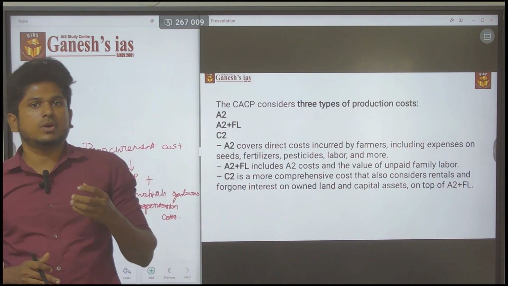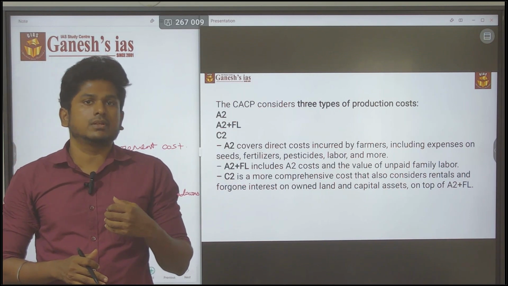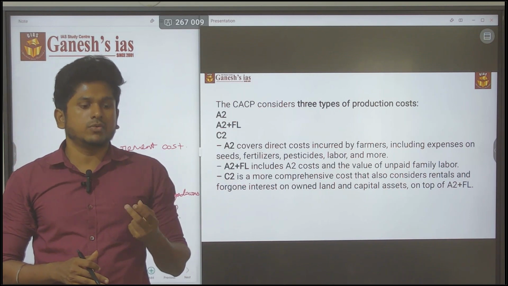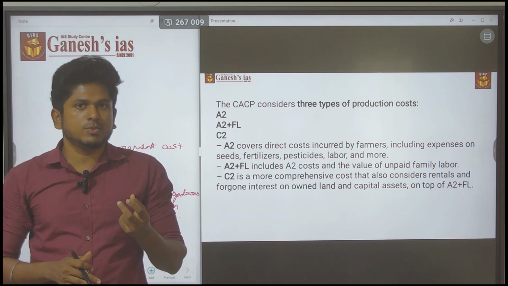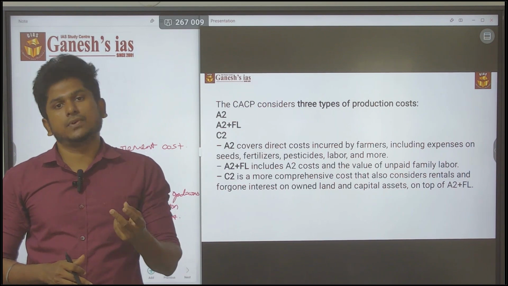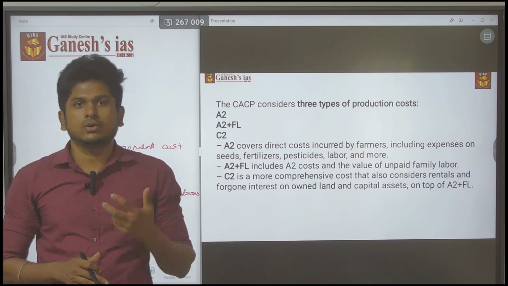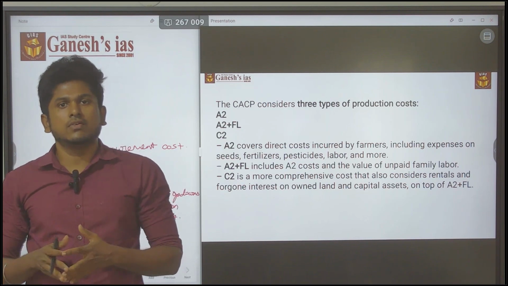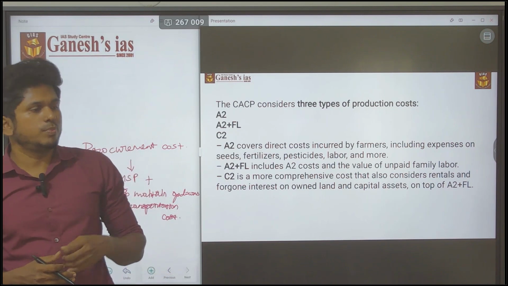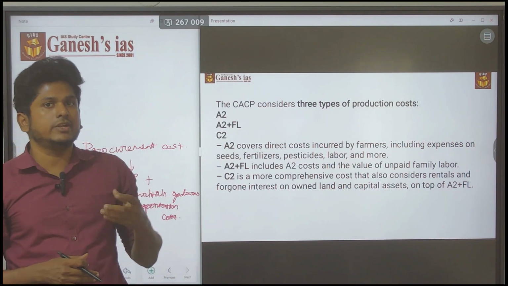So what the MS Swaminathan Committee is saying is that the government has to fix the MSP price as C2 plus FL. In such a way the MS Swaminathan Committee is arguing. This scenario is actually going on. Wait and see. So please note what is C2 and what is A2.